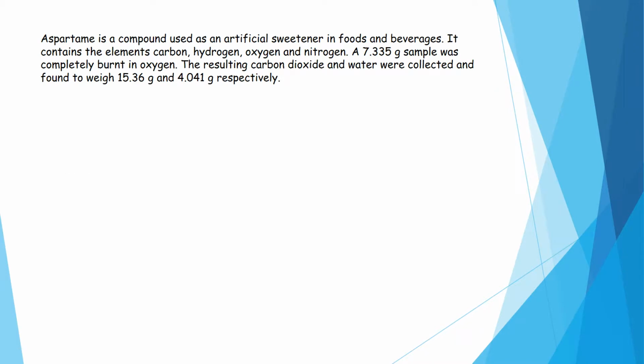So I've divided the problem up into the two different samples. So our 7.335 gram sample, CxHyOzNa plus oxygen will give us the carbon dioxide plus water plus the nitrogen product.